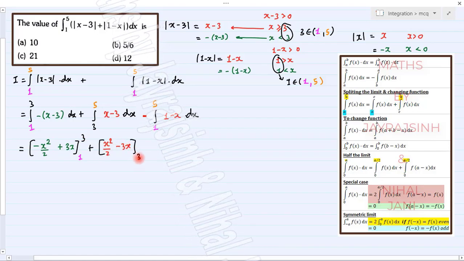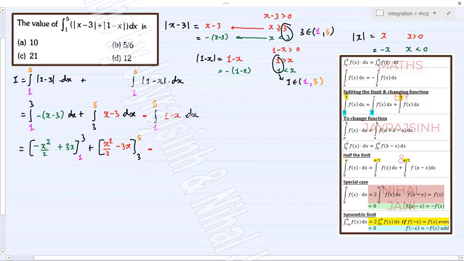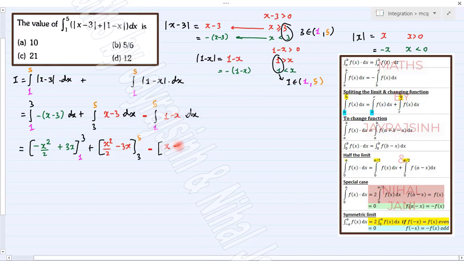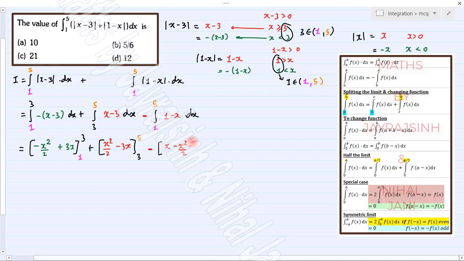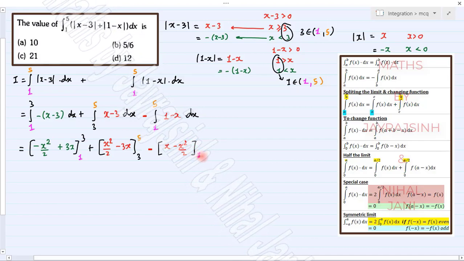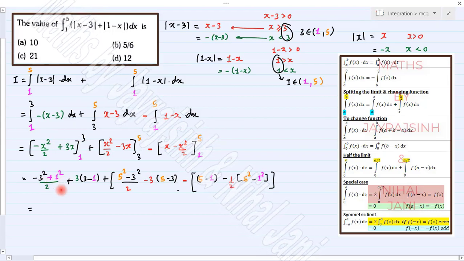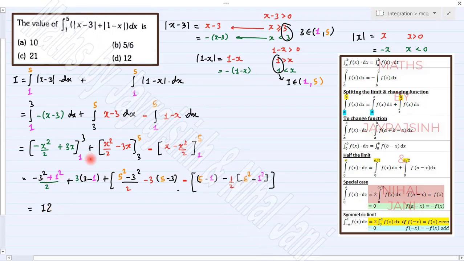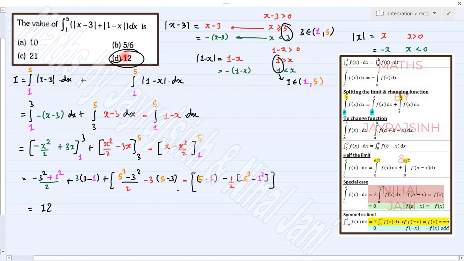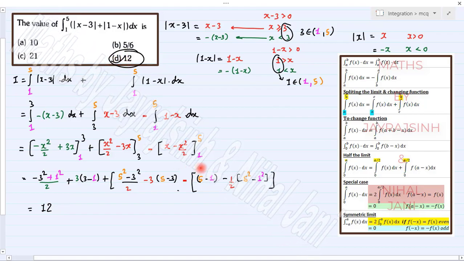Limit is from 3 to 5. And finally, x minus x square by 2. Limit is from 1 to 5. Now let's substitute the limit. So after simplification, you will get 12, which is given in option D. Ta-da!